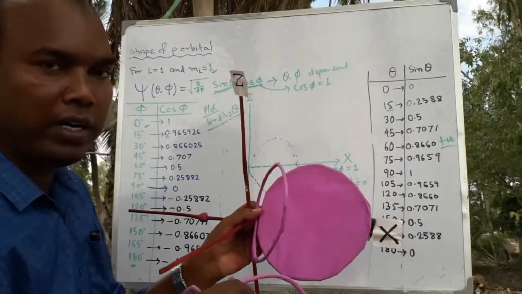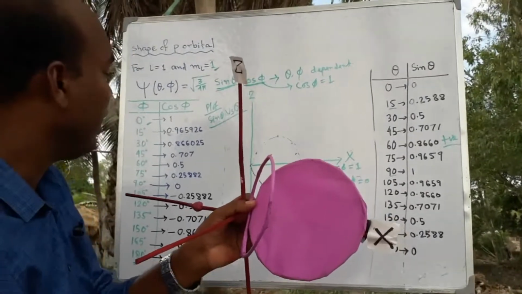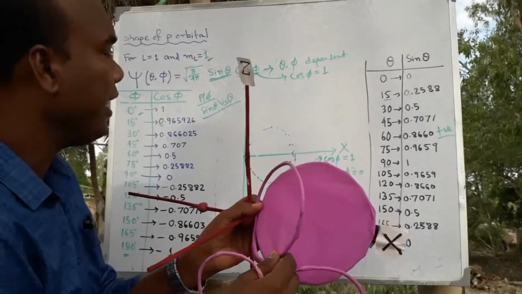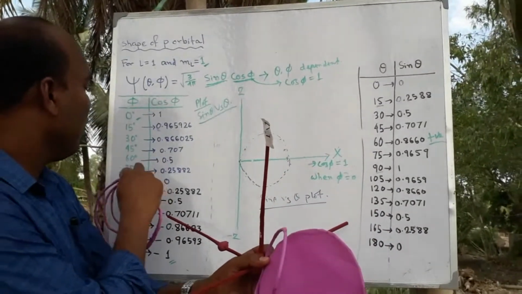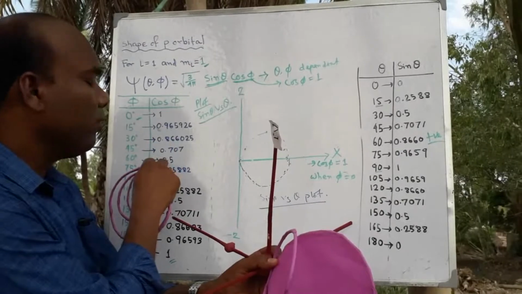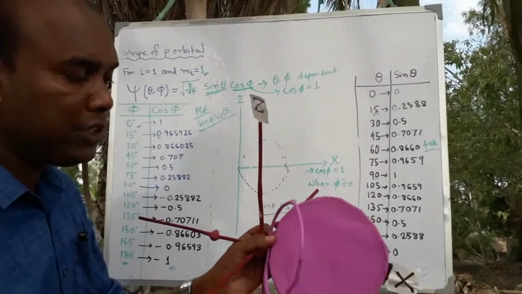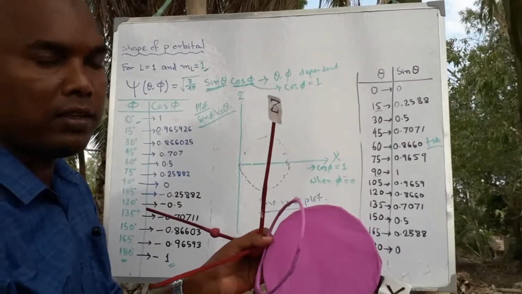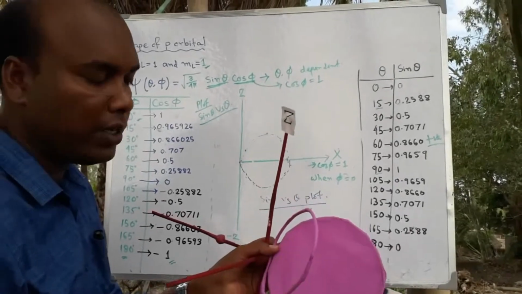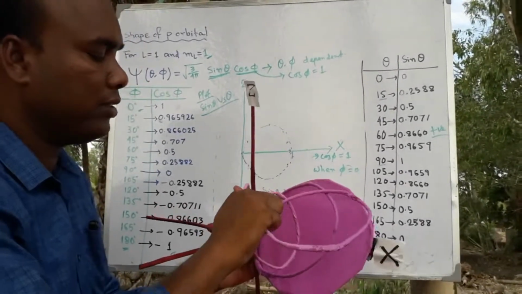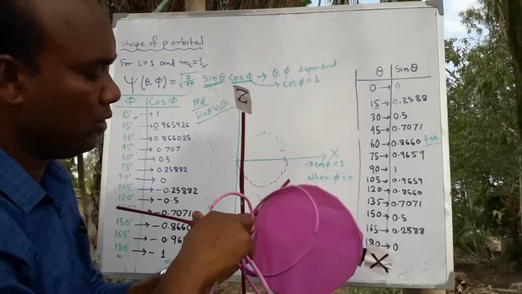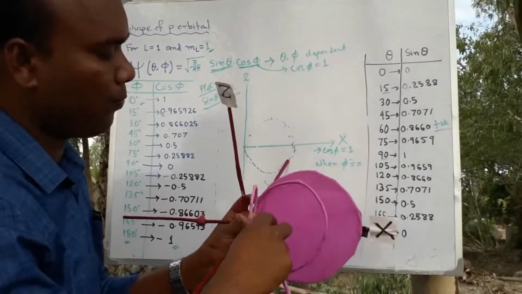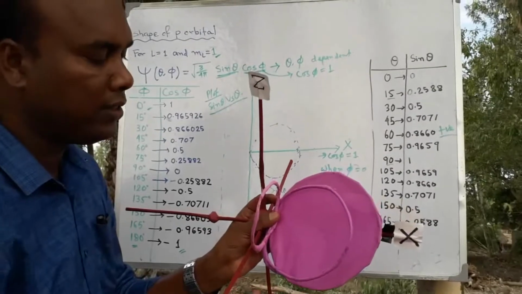And if you further increase the angle phi, that is, if your phi is 60 degrees, then cos phi will be 0.5. Then what will be the shape of this circle? This size will further reduce, and this will be like this.